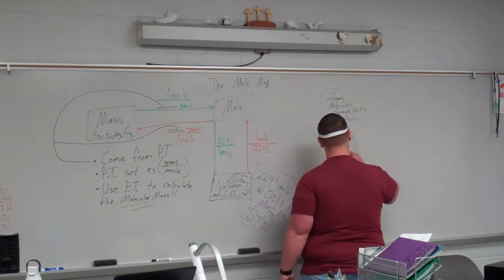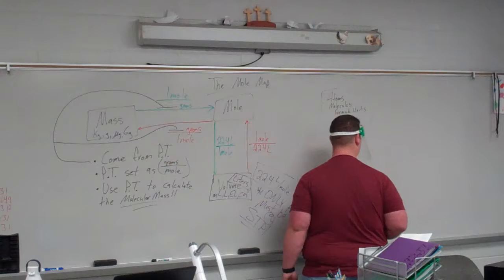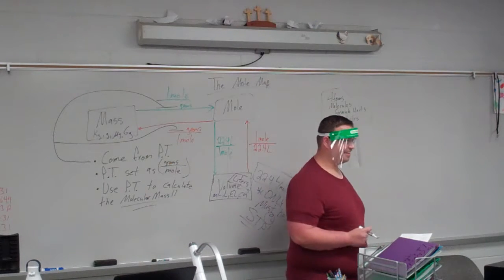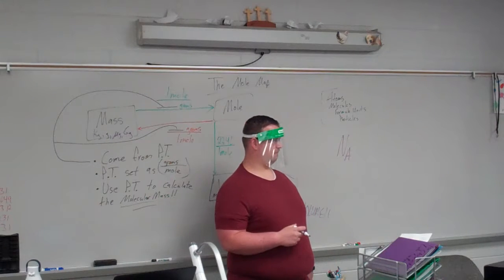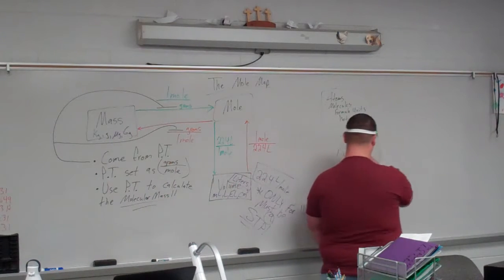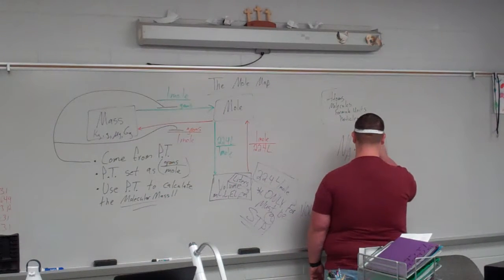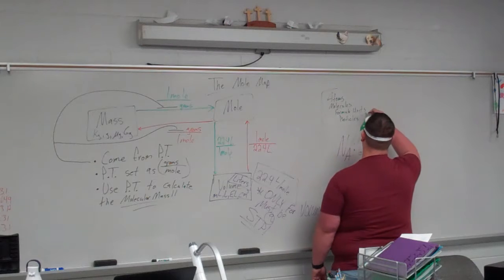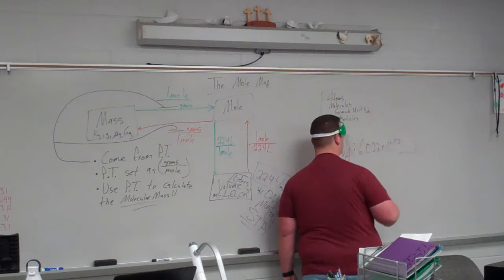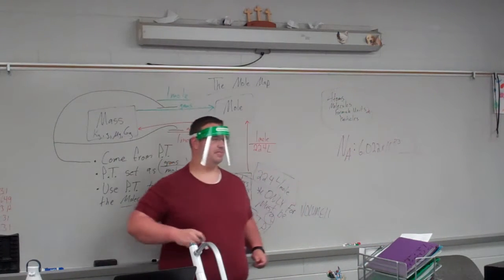What is this? Avogadro's number. 6.022 times 10 to the 23rd.